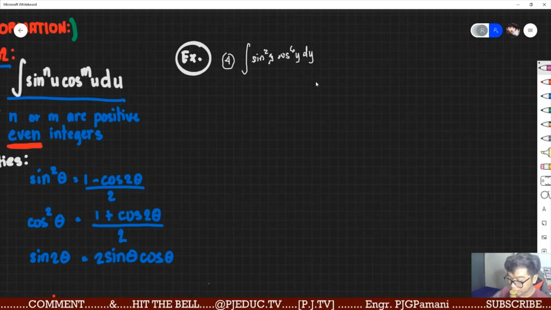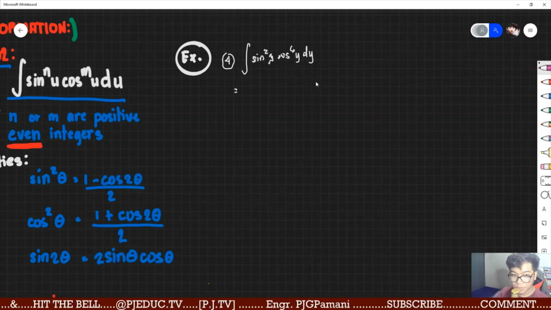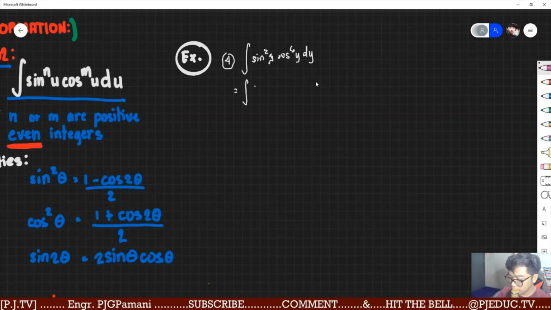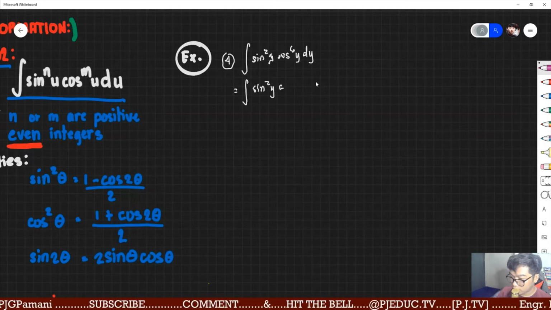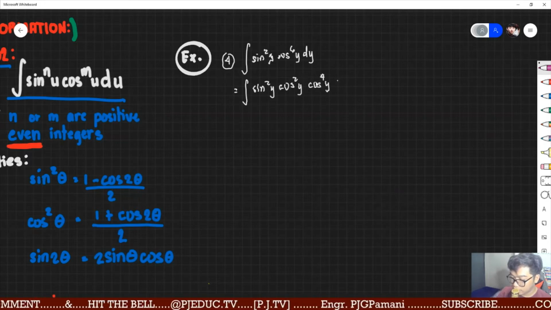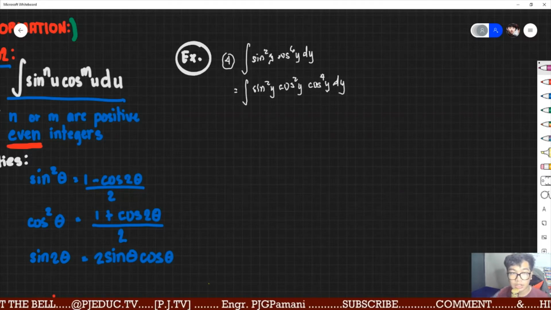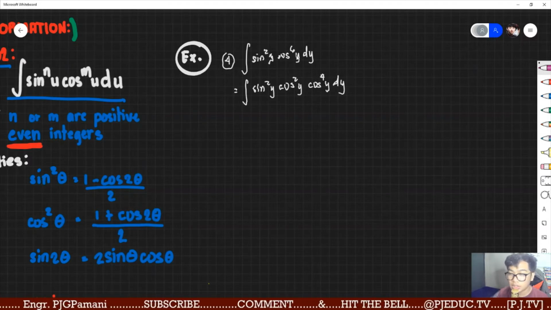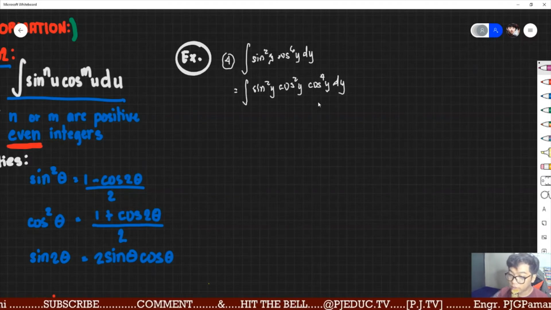Paano yan ngayon? Now, we can express this particular integrand as sine 2y cosine 2y times cosine 4y dy. Ba, parehas lang. It's just the same, for cosine squared times cosine fourth is just the same as cosine raised to the 6th power.